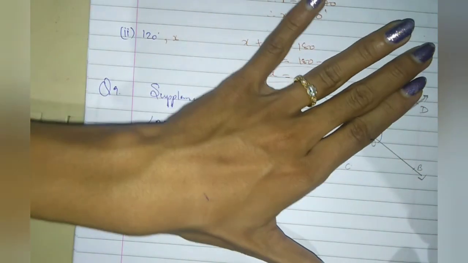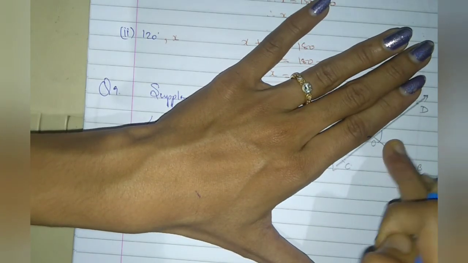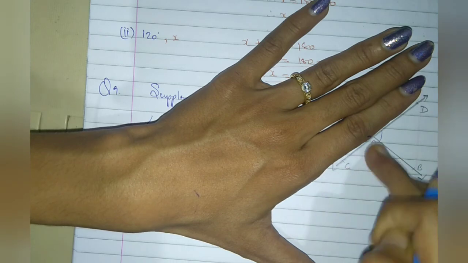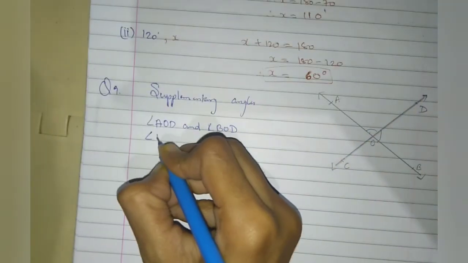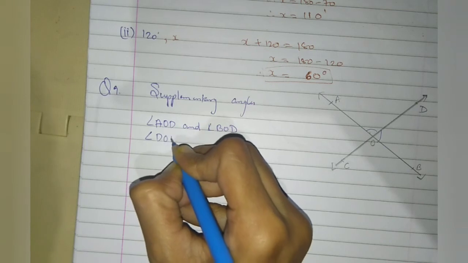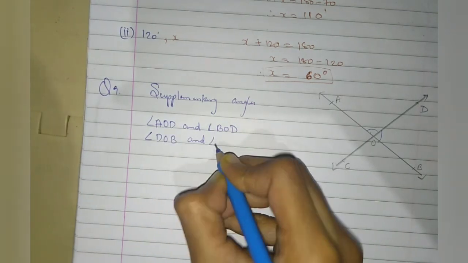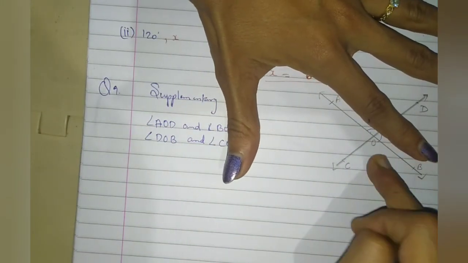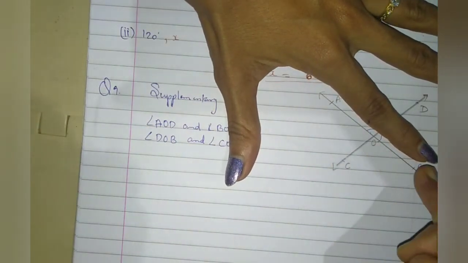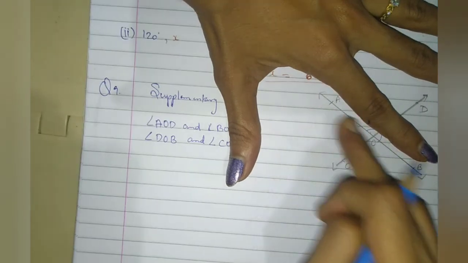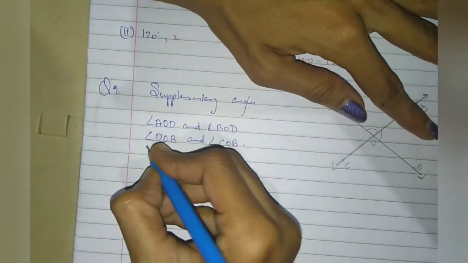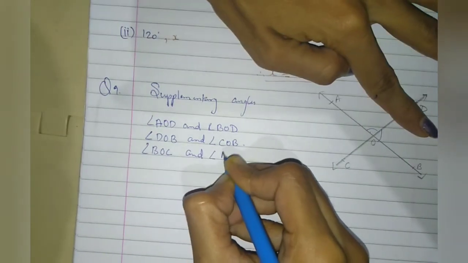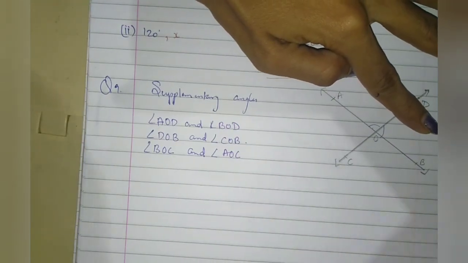Another, these two are also on a straight line, meaning they form 180. So angle DOB and angle COB are supplementary. Now see these two angles on this straight line, so angle BOC and angle AOC are supplementary.